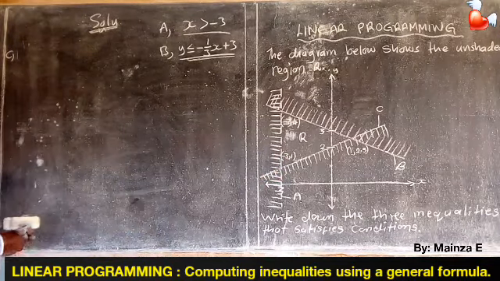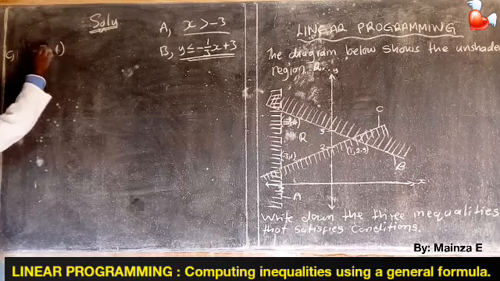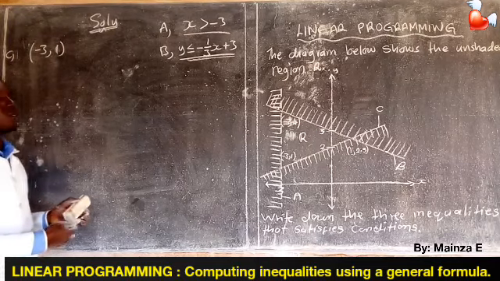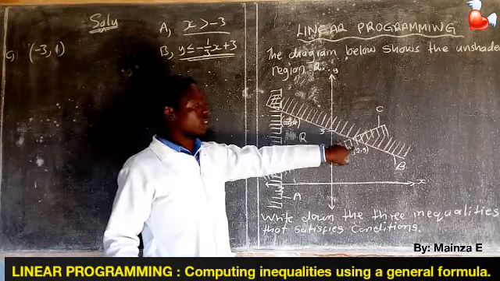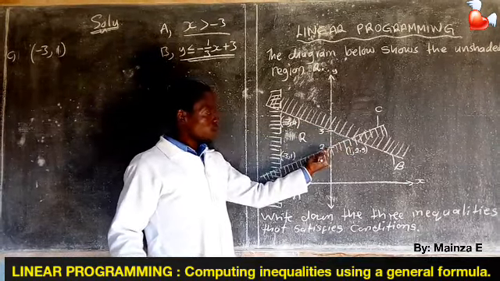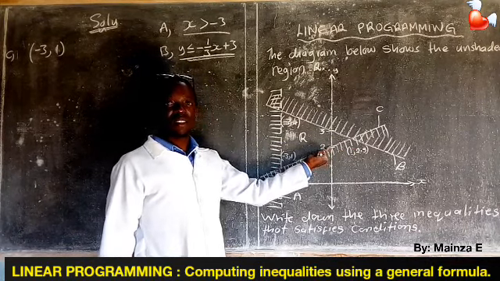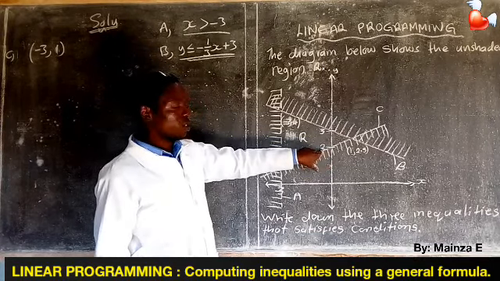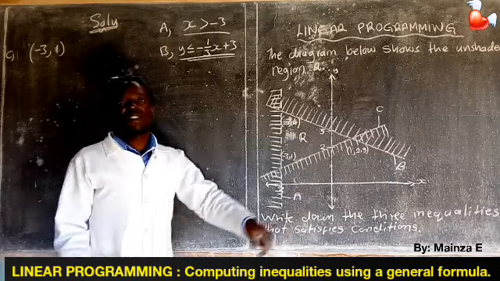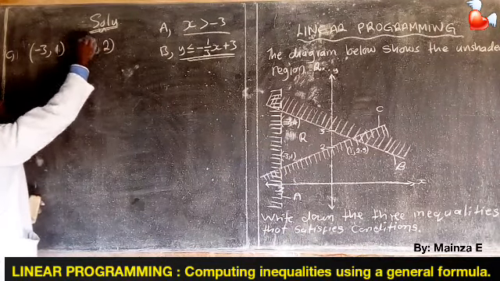So our first coordinates, negative 3, 1. Our second coordinate, you can either get from these two, or you pick from the y-axis. So if you are picking there, we will say y is 2, but x is 0. So it will be 0, 2.